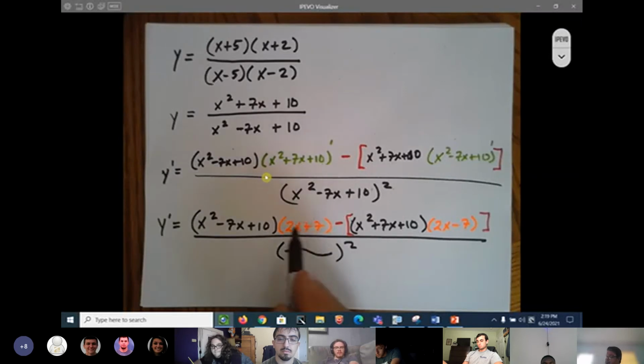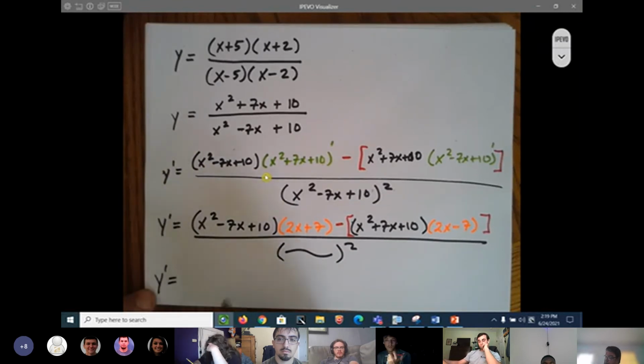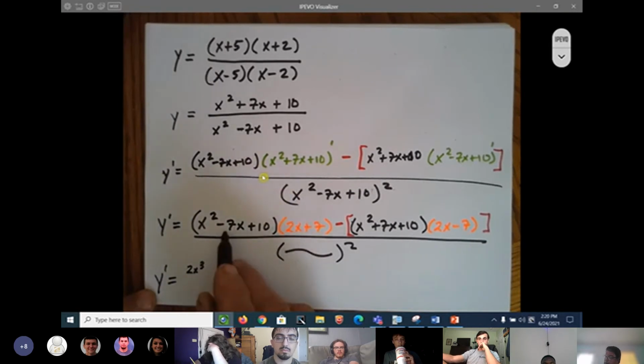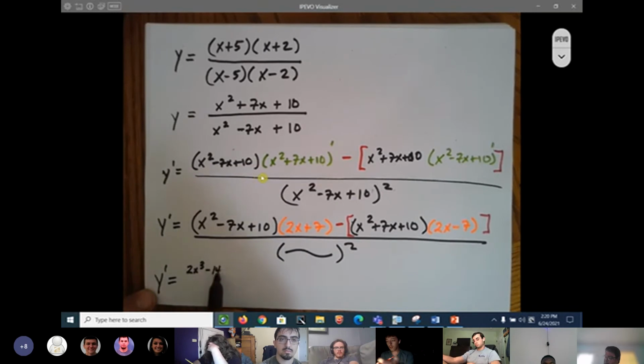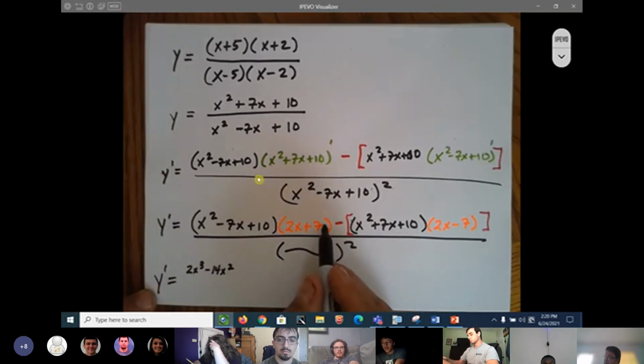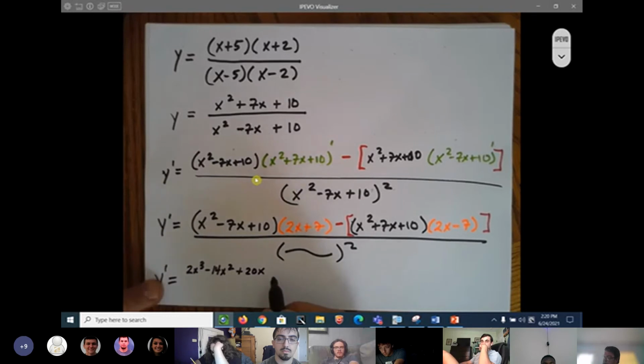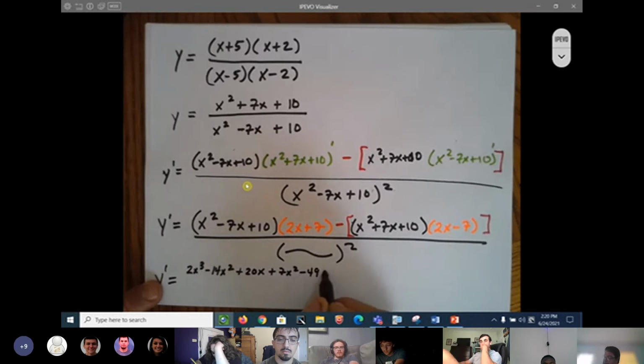And it looks like we're going to have to distribute here and distribute here, which hopefully something will cancel out. 2x to the third minus 14x squared plus 20x plus 7x squared minus 49x plus 70. Y'all check me on that, please.